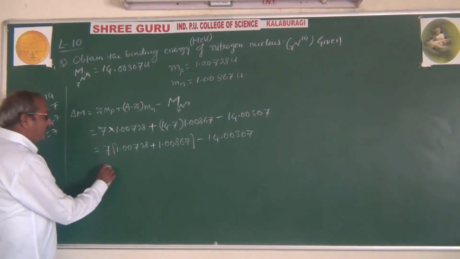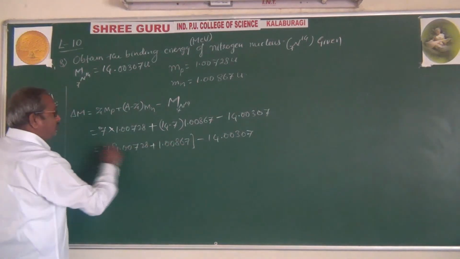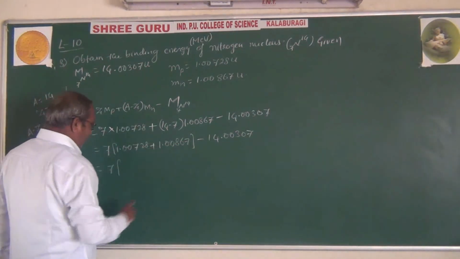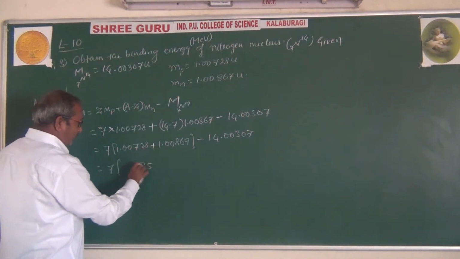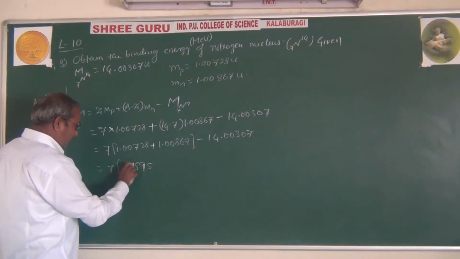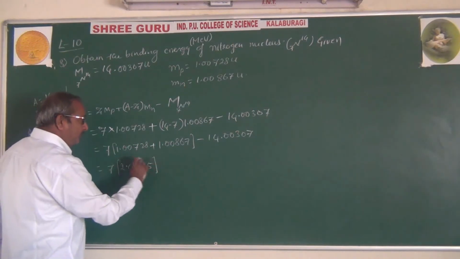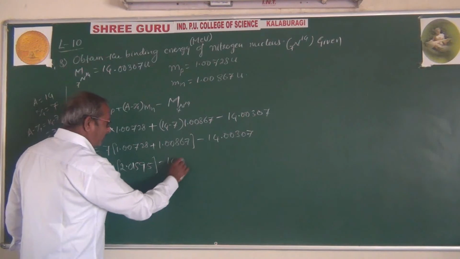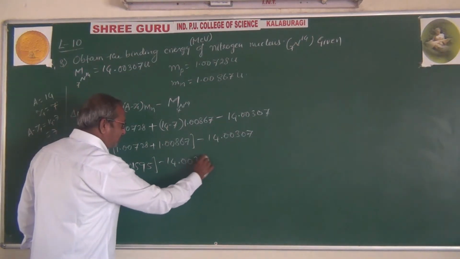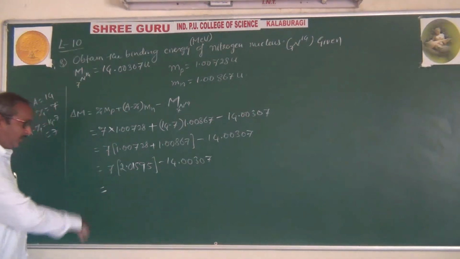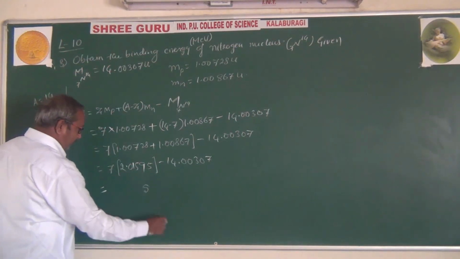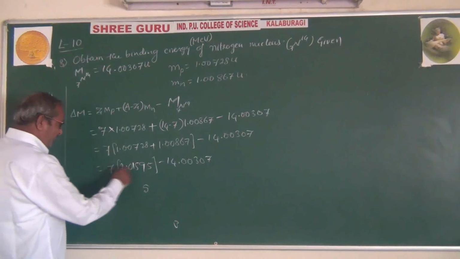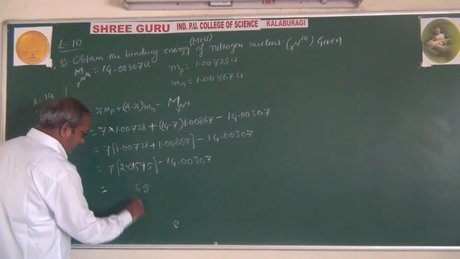So adding these two: 8 plus 7 is 15, carry 1. 6 plus 2 is 8, plus 1 is 9. 8 plus 7 is 15, carry 1, 1 0. Minus 14.00307. Now direct multiplication with 7: 7 times 5 is 35, carry 3. 7 times 9 is 63, 66.